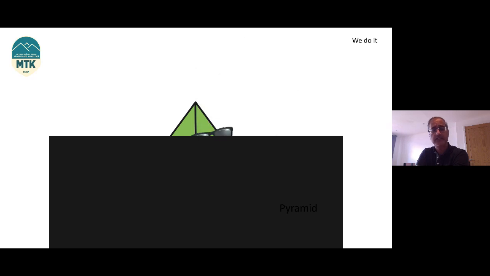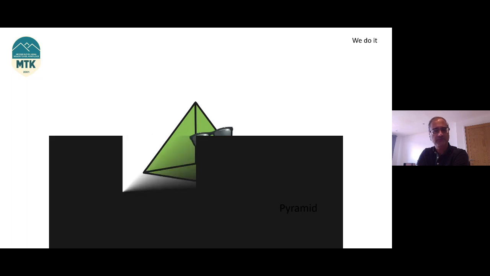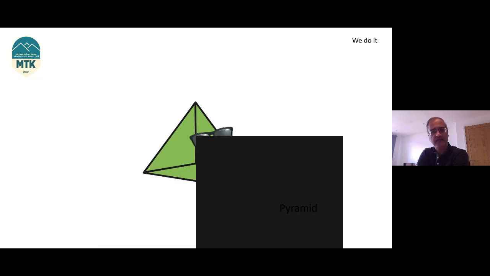A vertex and 3 edges, but I still don't know what it is. Do you know what it is? You could be correct. Indeed. Let's find out. Oh, it reveals a little bit more. I see some triangular shapes. Correct. What do you think this is?